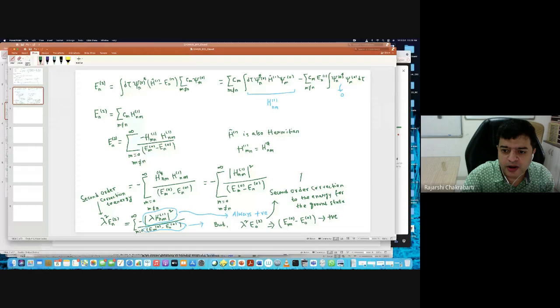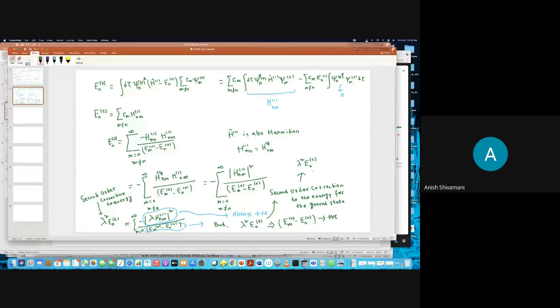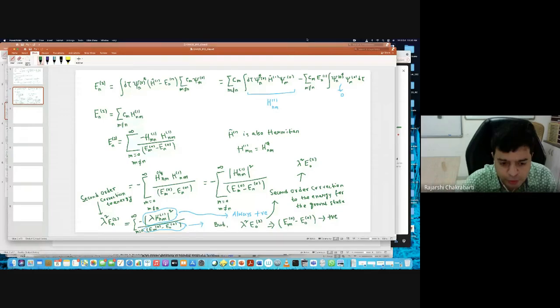What will be the sign for this? It is negative, because positive divided by positive is positive, but you should not forget there's a minus 1 sitting there. So this is negative. This is quite nice.